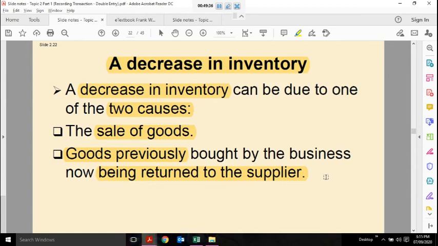I buy laptops from Dell, and then I check, and I found that one of it cannot be used. So I have to return it back to the supplier. So basically, let's say I have 100 units, one of it is broken, so I return one, so I'm left with 99. So now there's a decrease in my inventory.